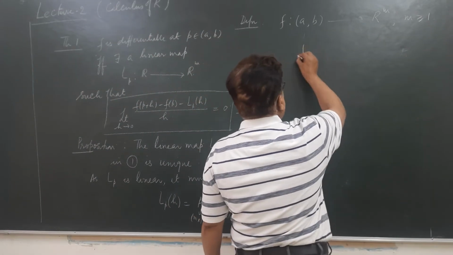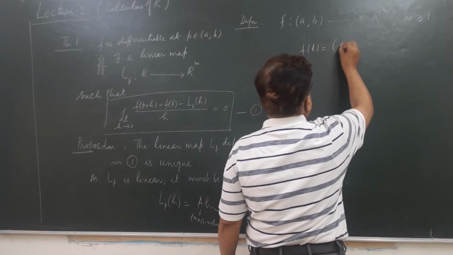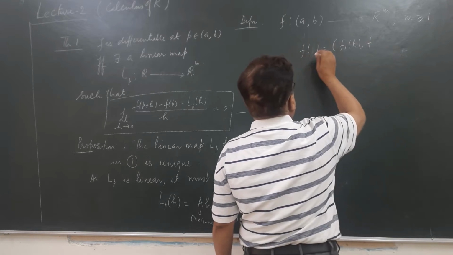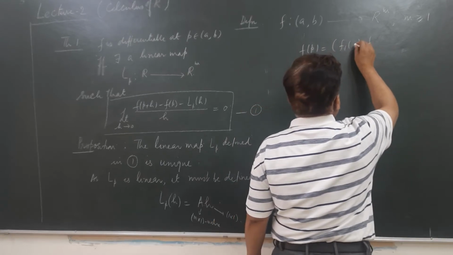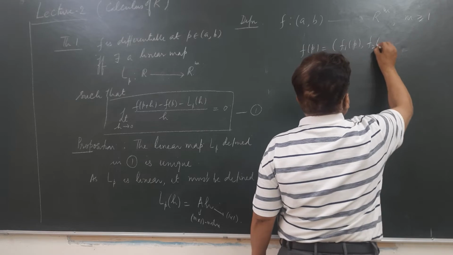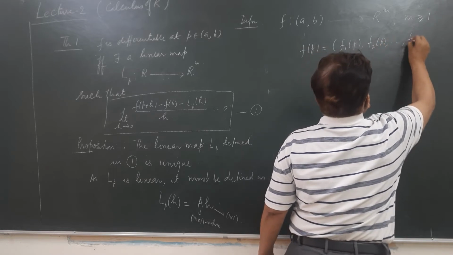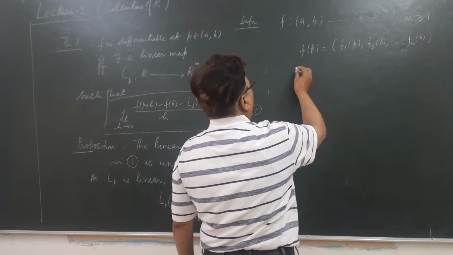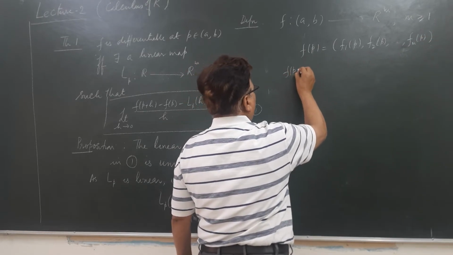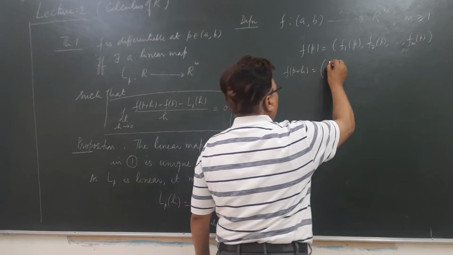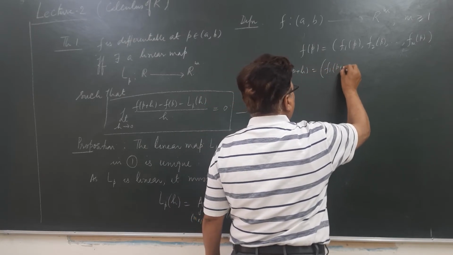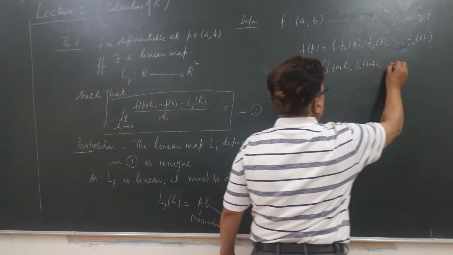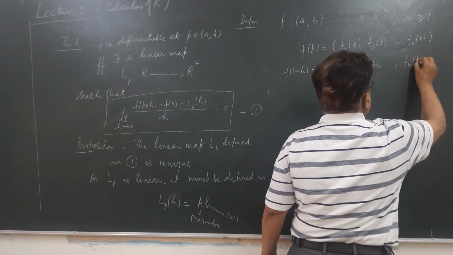So, if f of t is equal to say f1(t), f2(t), up to fm(t), and you are taking point p, so f of p is f1(p), f2(p) and fm(p), and if you take f of p plus something say h, it will be f1(p plus h), f2(p plus h) and fm(p plus h).